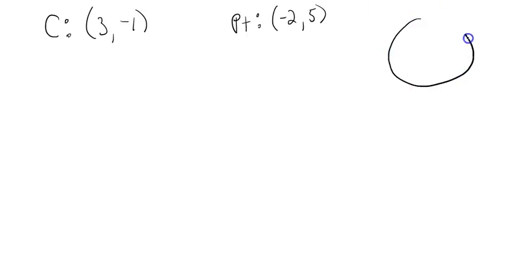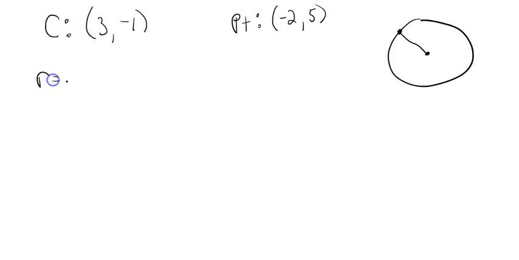And just a really rough sketch: here's your center. If that's at (3, -1), then (-2, 5) would be back here somewhere. So if I wanted to find what the radius of that circle is, the radius would be just the distance between those 2 points. And so this can help us out in a situation like that.